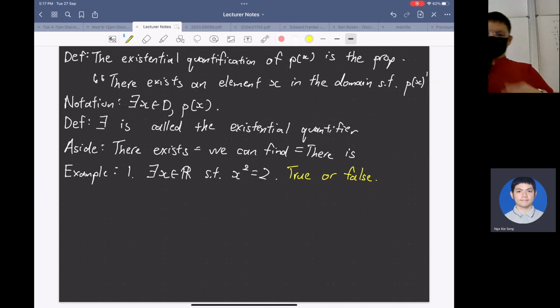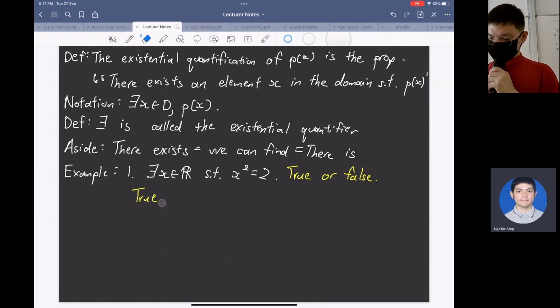Square root 2? Okay. True. Take square root 2. Very good.